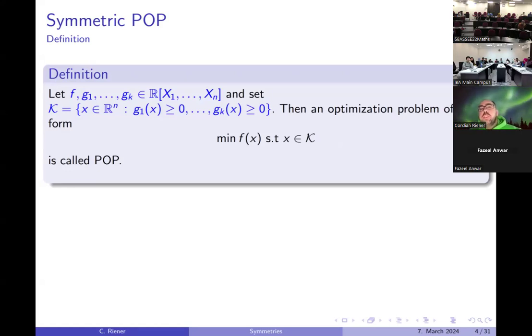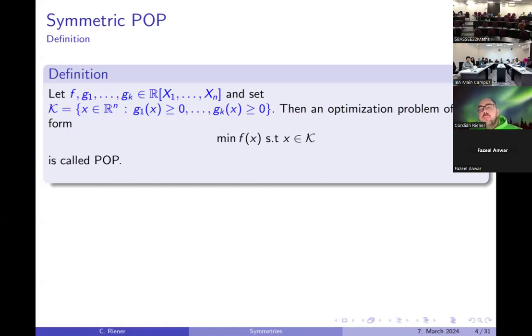The polynomials g define a so-called basic semi-algebraic set, by which I mean the points in real space such that all the polynomials g are non-negative. So this is some region in n-dimensional real space that is described by polynomial inequalities. I have already used the polynomials g_1 to g_k, so the polynomial f is still left.